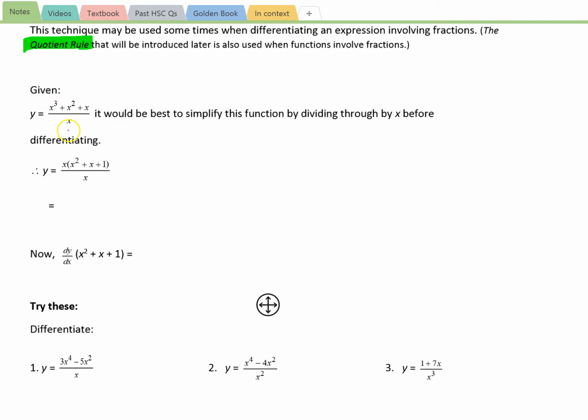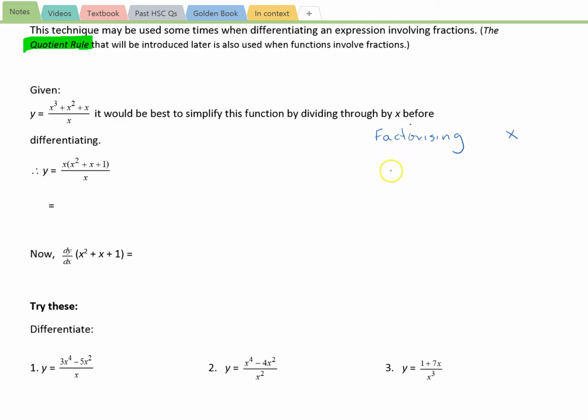There is only the one term in the denominator, so there's nothing we can do with it. But if we want to be able to cancel, we can't cancel into expressions where there's addition signs. I'm wanting to create multiplication signs. Remember me stressing that the advantage of factorizing is it introduces a multiplication sign between the terms.